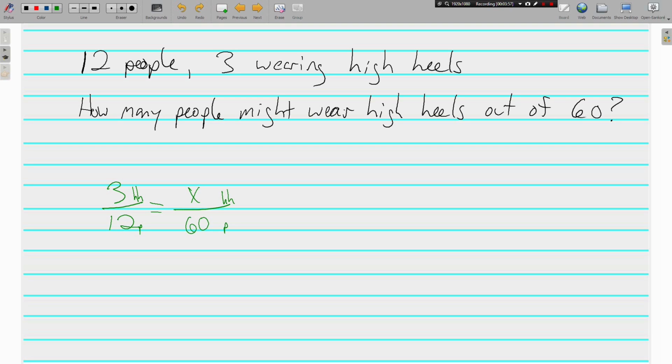And so now we predict how many out of 60, again with the cross products. 12 times x is equal to 60 times 3. 12x is equal to 180. Divide both sides by 12 and we get 15. So how many people might be wearing high heels out of 60? 15.